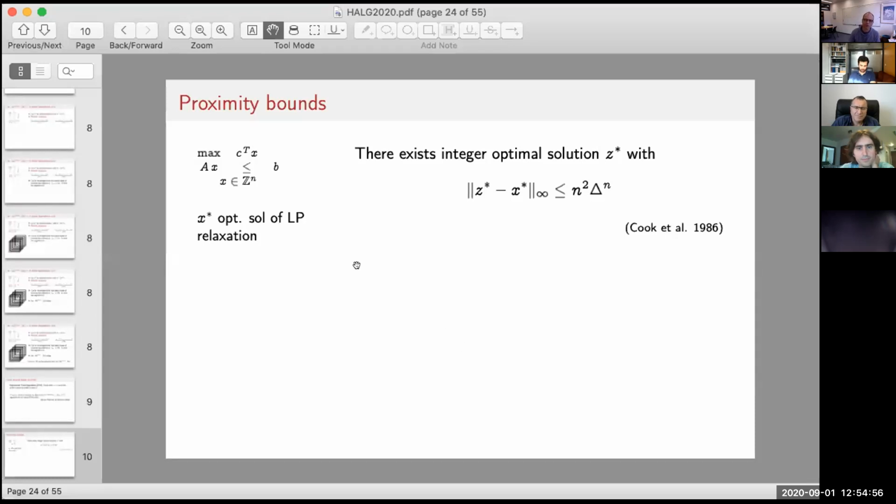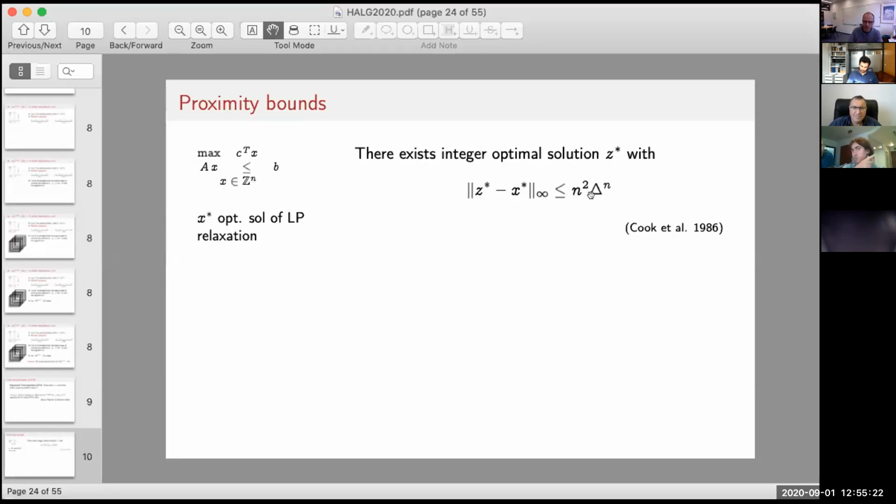For example, this classical theorem of Cook et al. from 1986 says the following. If you have an integer programming problem in inequality standard form, and x star is an optimal vertex solution of the LP, then there exists an optimal integer solution z star, which is in infinity norm at most bounded by the dimension n squared times delta to the n.